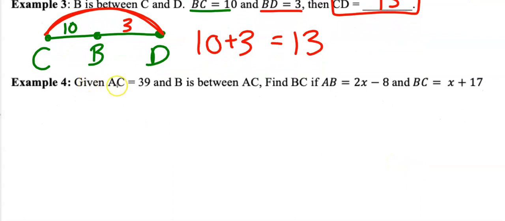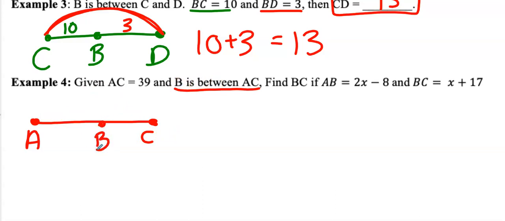So, given that AC is 39 and B is in between AC. So primero I'm going to draw a picture. AC are my endpoints, and B is in between. Okay, so now I'm going to label. So this is my question. ¿Cuántos?